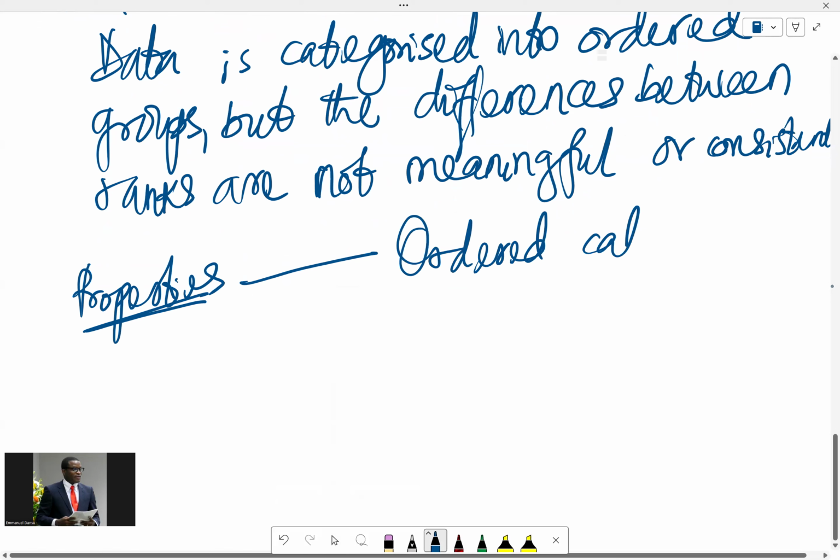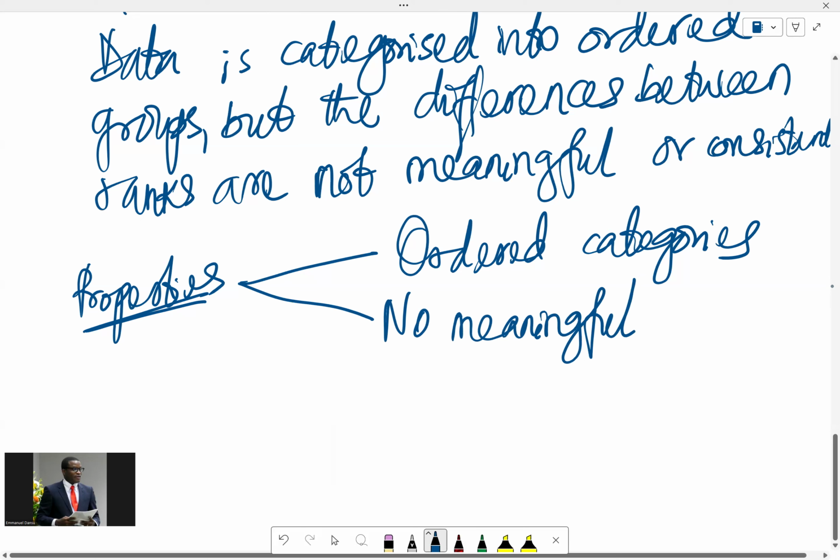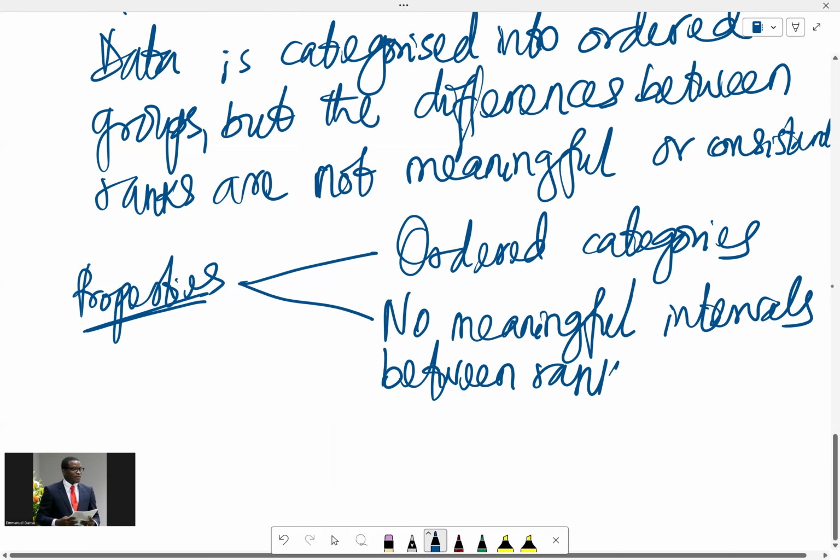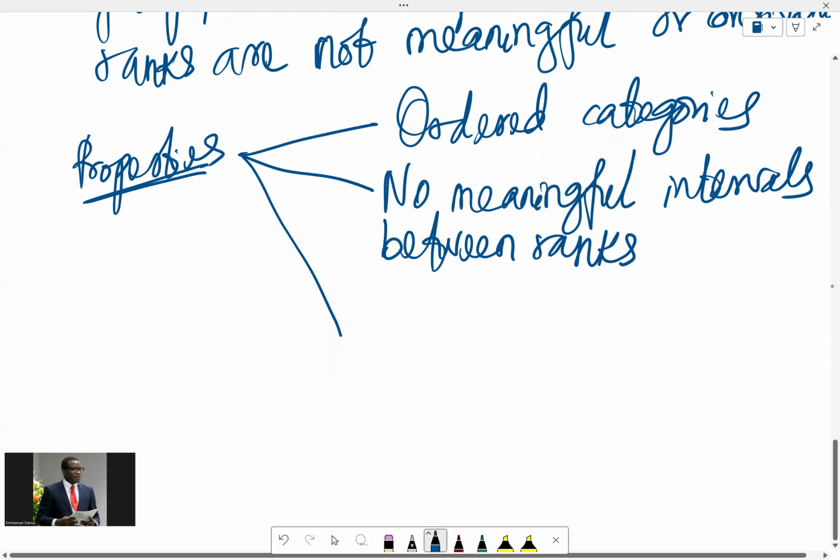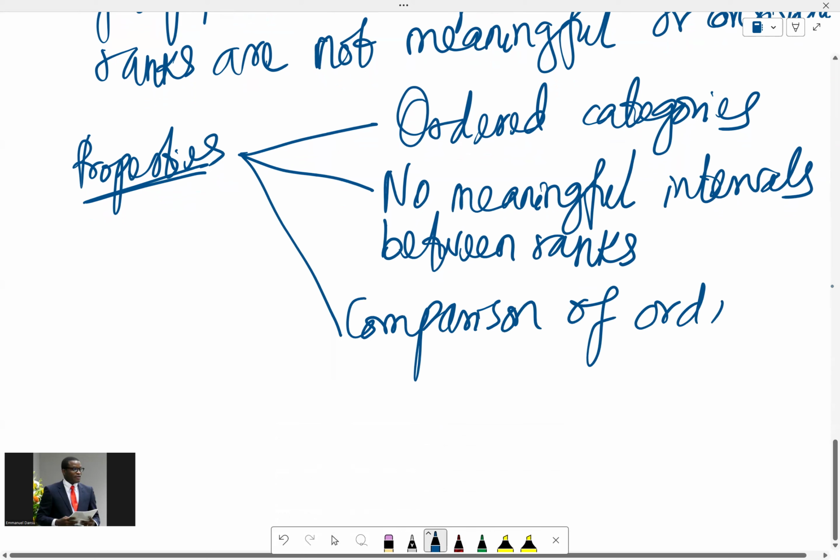Then you have no meaningful intervals between ranks. And then you have comparison of order, but not of distance between values.